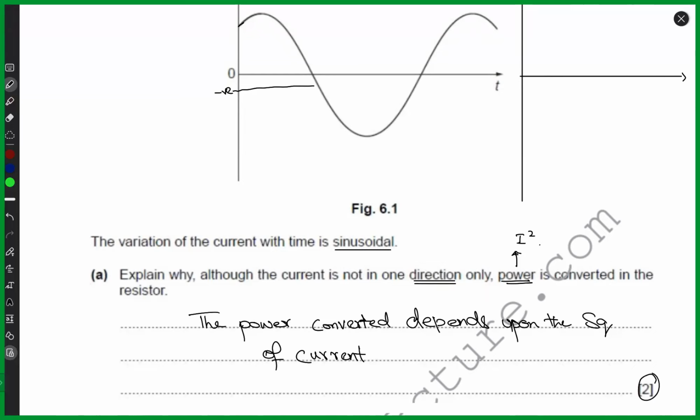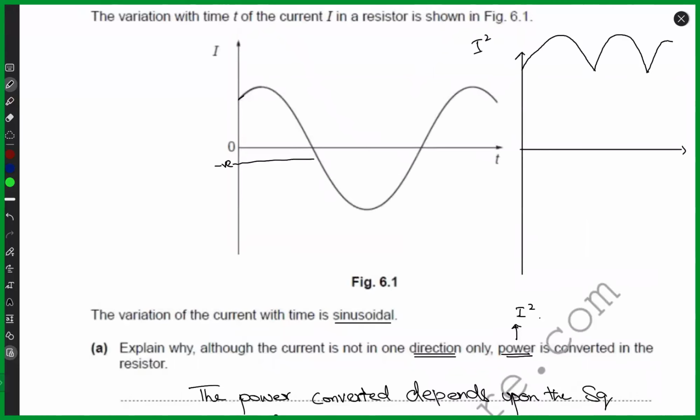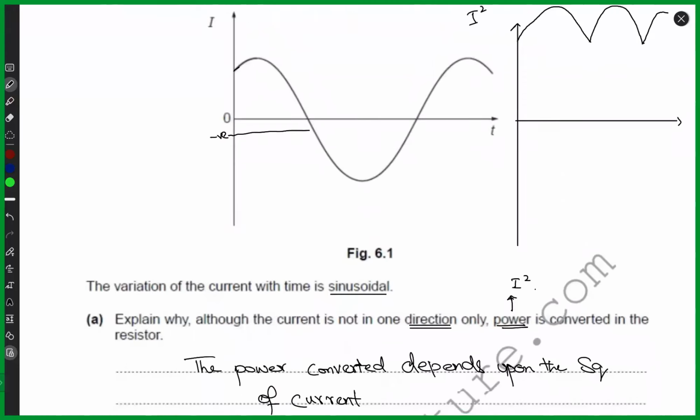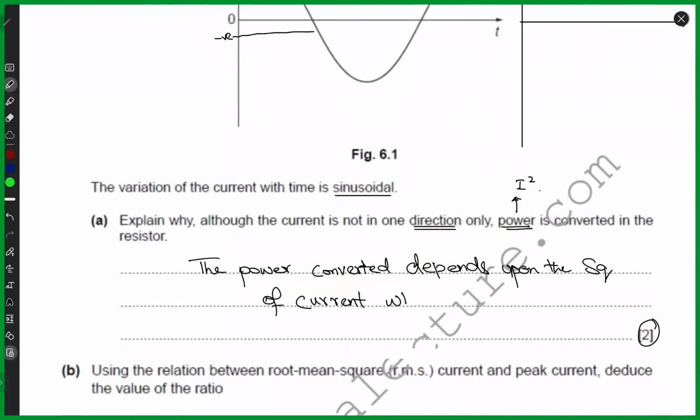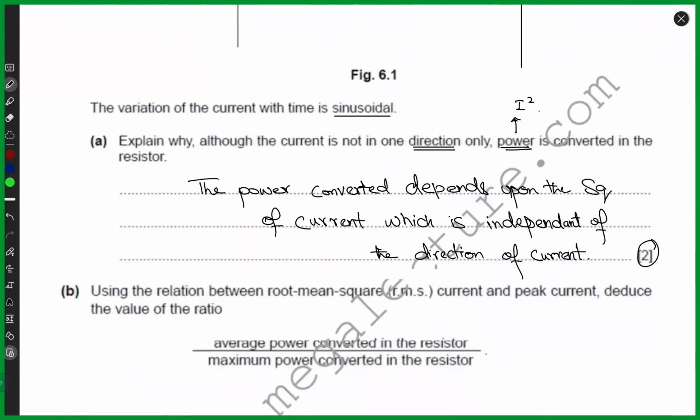So what we saw from this I squared graph is that this power is independent of the direction of current, right? Was that clear? Yes, sir. Okay. All right.